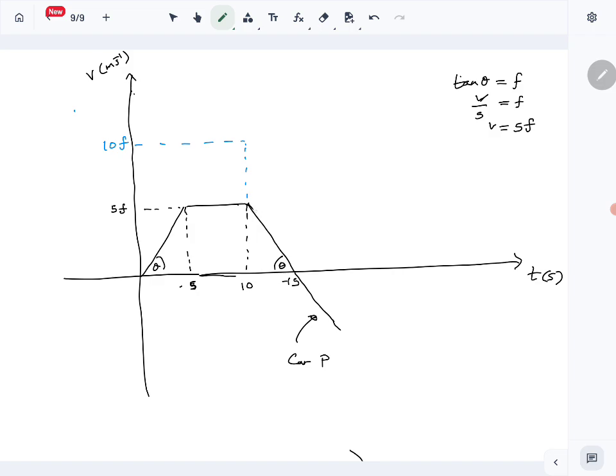So it is going to be parallel to this black line because it has the same deceleration f. The black line also has the same deceleration f. So due to that, it has to be like this.